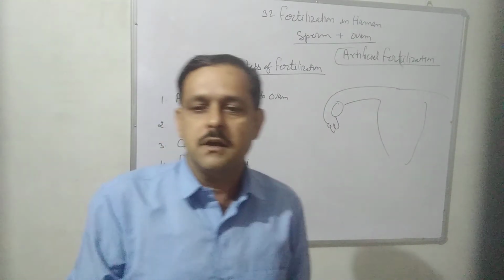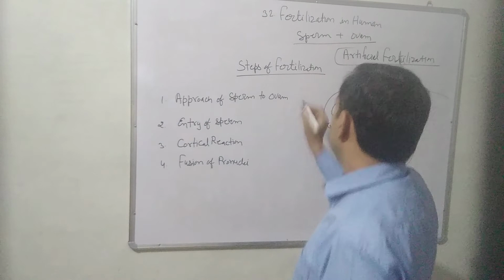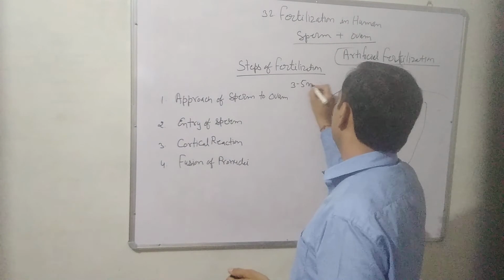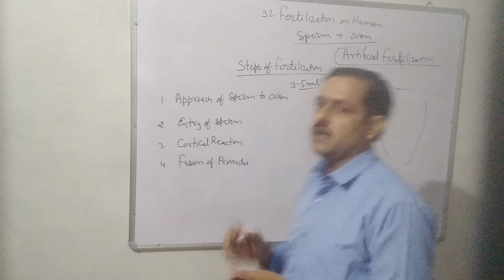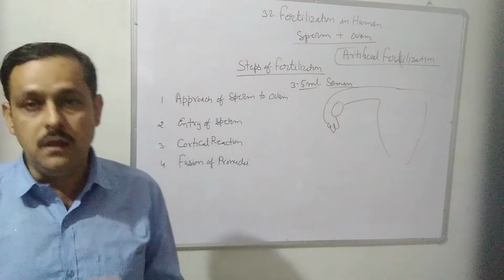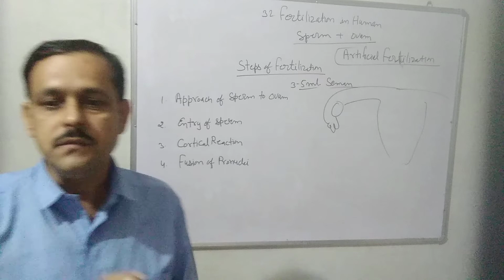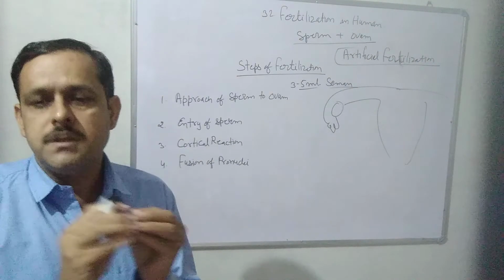During copulation, the male ejaculates semen, about 3 to 5 ml. Semen is released by the male's penis into the female vagina. That is called insemination.